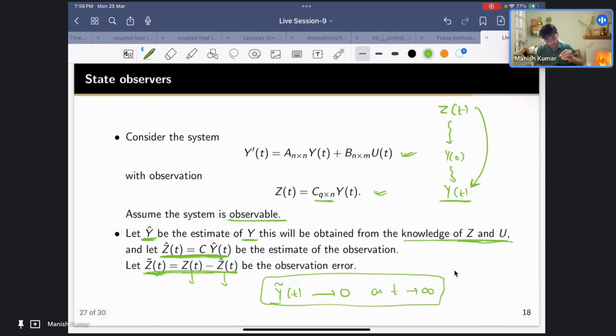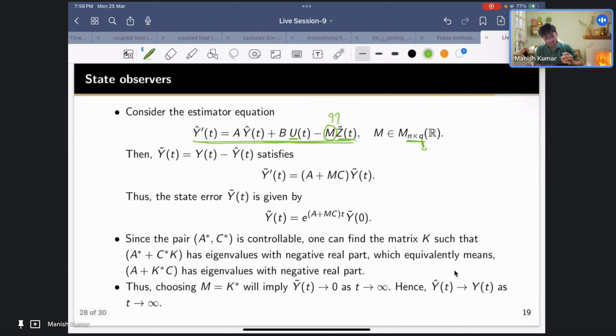So C was q cross n. Then you can see that this y tilde, which is the difference, will satisfy this equation. Now from here you can clearly see that y tilde will have this kind of expression.